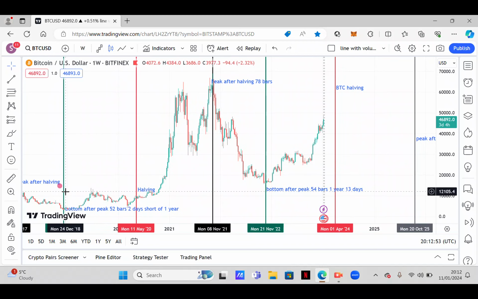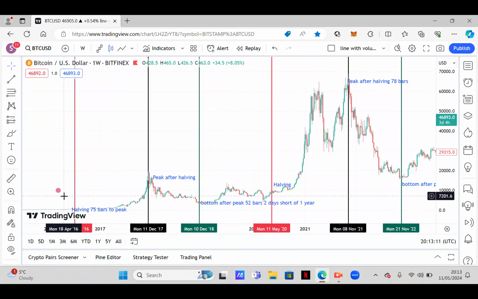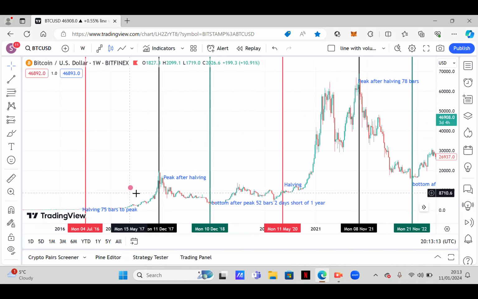Then from the bottom we know the halving. Basically from the bottom there are usually some ups and downs. So here is the halving, and then we know the time, we know the space is 75 bars to go to the peak.